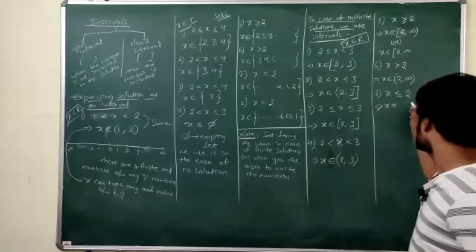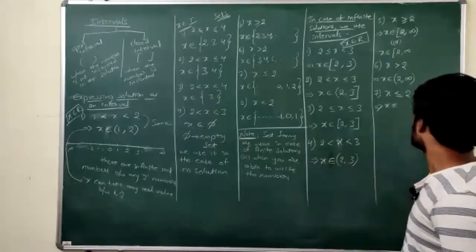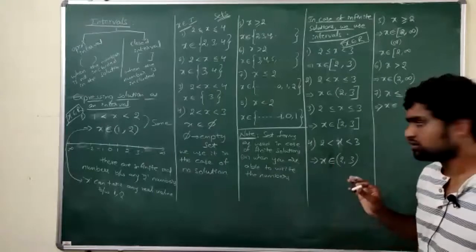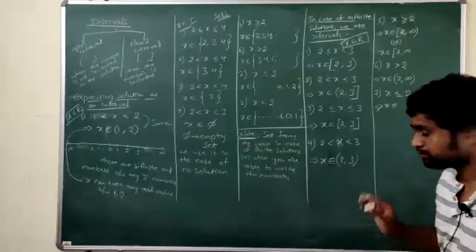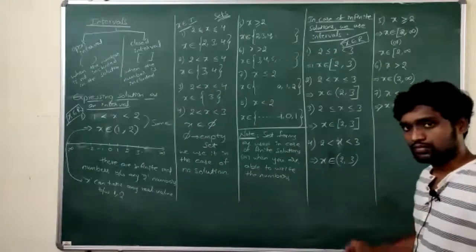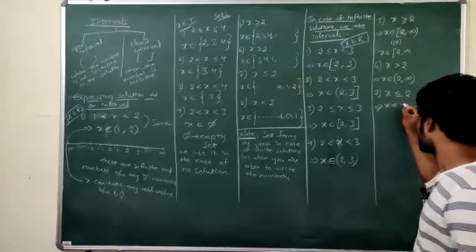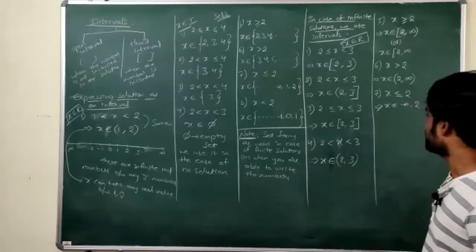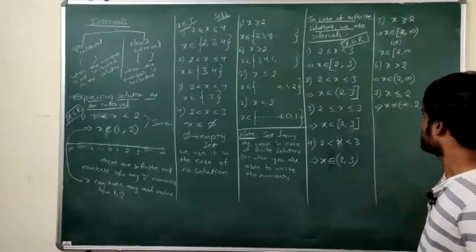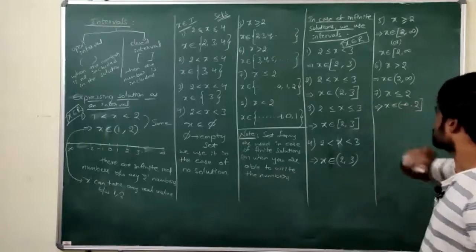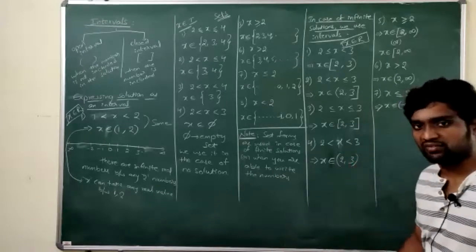X cannot exceed 2. That is very clear. Now, what should the number be here? It is minus infinity. So, minus infinity open to 2 closed. X belongs to minus infinity comma 2.